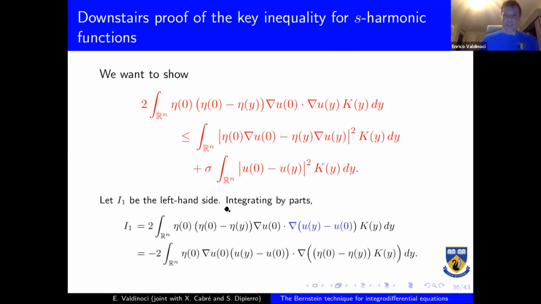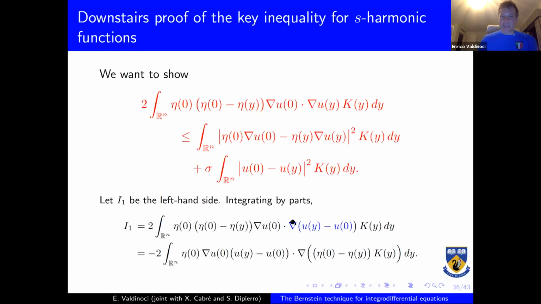And the first thing is that you integrate by parts after having added and subtracted the gradient of u equal to 0, which is 0. So if you see in this parenthesis, the gradient of u is the same as the gradient of u minus u0, because this is a constant.